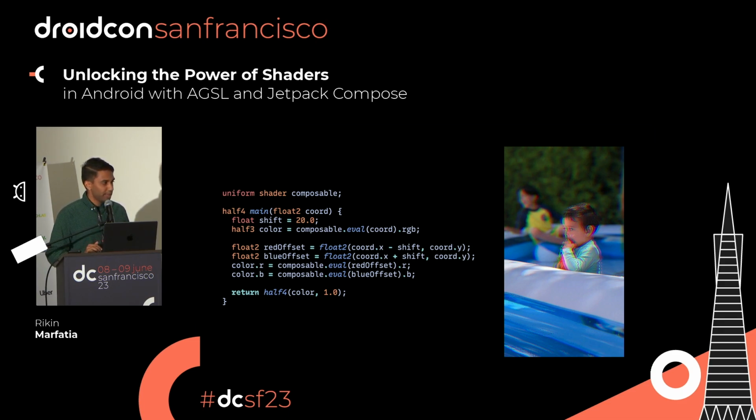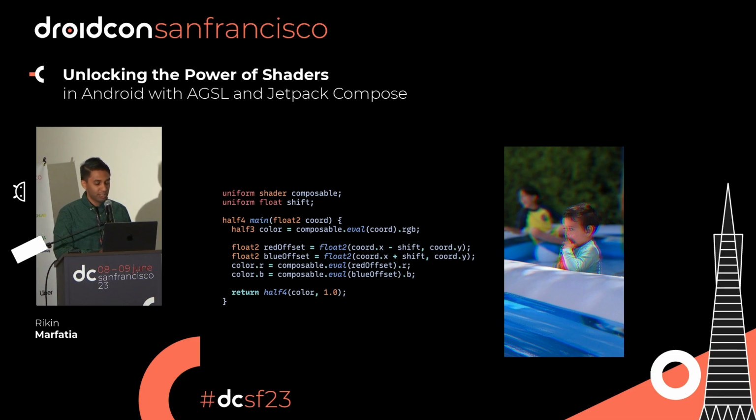But what if I wanted to hook up the aberration effect to a gesture or a scroll or something? In order to do that, I'd have to push that up into an input so that we can control it in compose land.